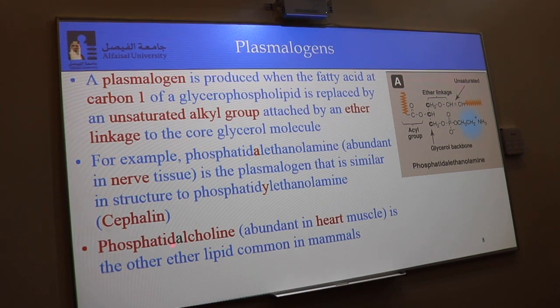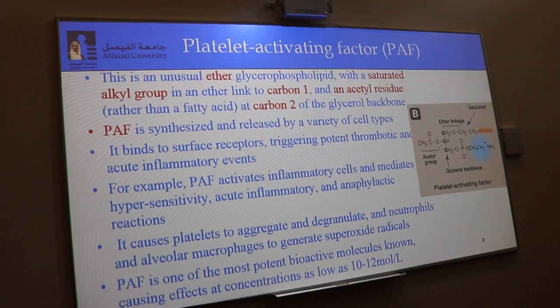Okay, so we also have another example, phosphatidylcholine, which is very abundant in heart muscle, and we have other types of these plasmalogens that are present in mammals. A third example is not actually a plasmalogen, although in some reference books they call it plasmalogen, but it's a different type of glycerophospholipid again.